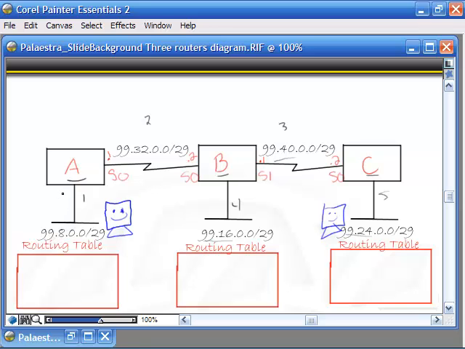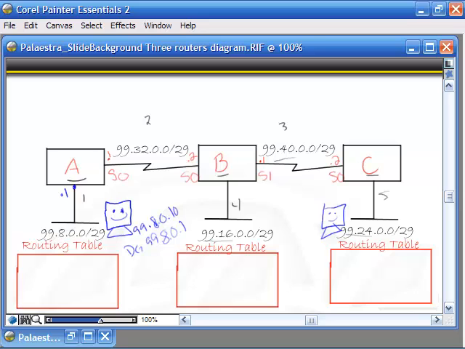The IP address for this computer right here is 99.8.0.10. The IP address for his default gateway is 99.8.0.1. And here's the gateway right here, .1.